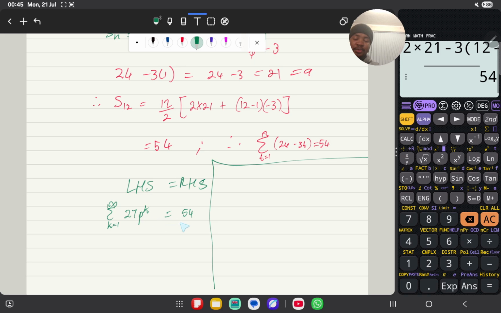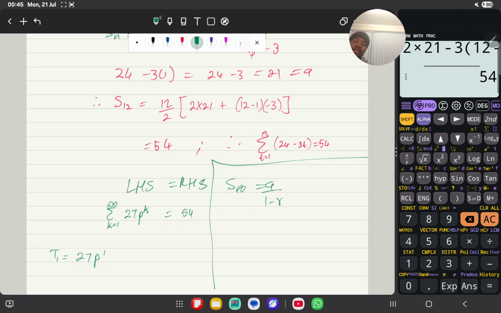So what did we say? We did say that we're going to use this formula. For this formula you need A and you need R. So for A, I will substitute k equals 1, so T1 equals 27p. We're trying to find p, so we don't know what p is.